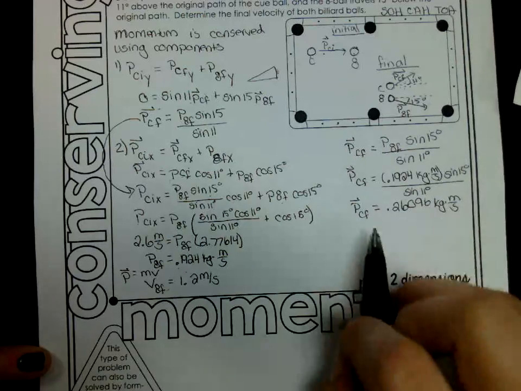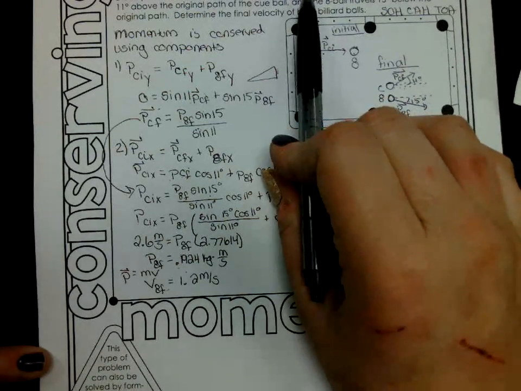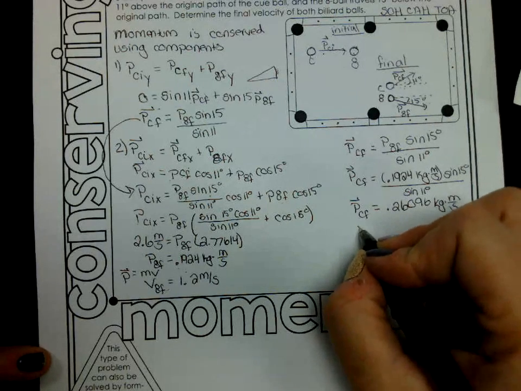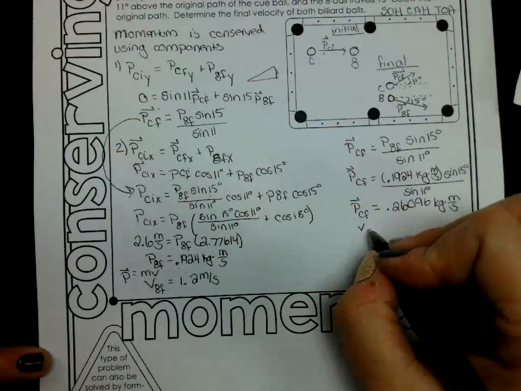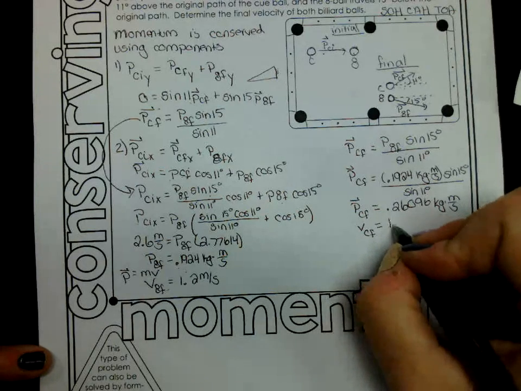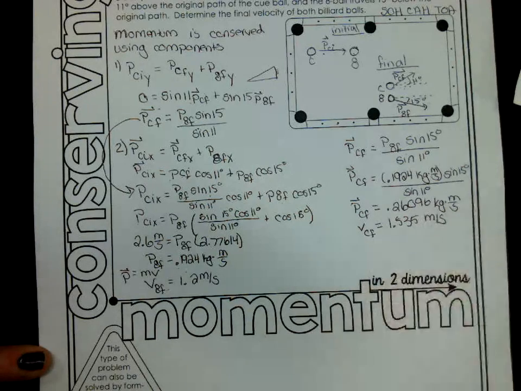I can take the cue ball's mass, 0.17 kilograms. Momentum is mass times velocity, so the velocity of the cue ball final is equal to 1.535 meters per second.